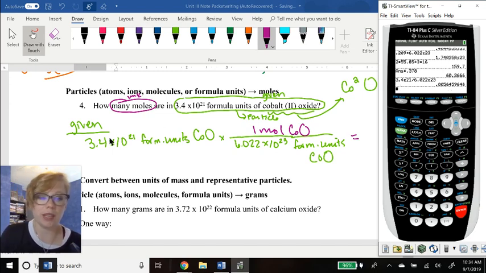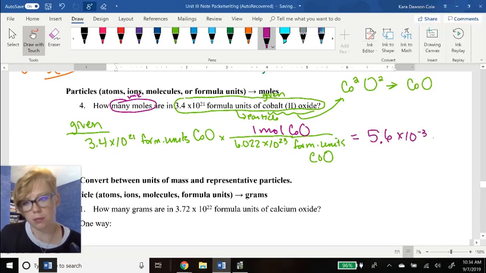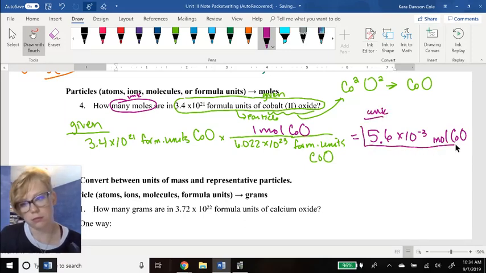Again, I need to look at my given to find out how many sig figs I have. I've got 2, so I would have 5.6 times 10 to the minus 3 moles of CoO. And this is what my unknown was. Here's my answer.